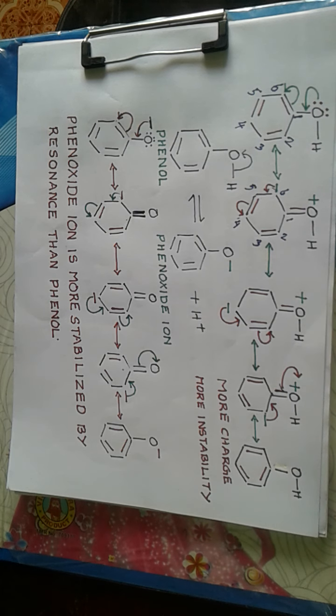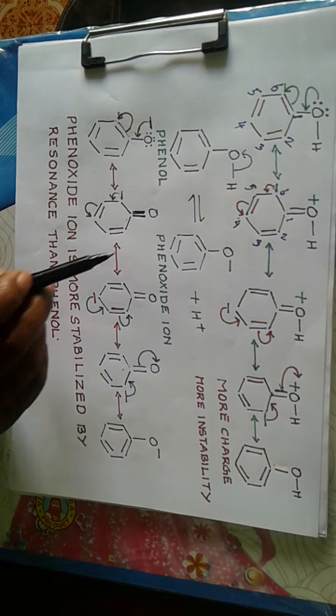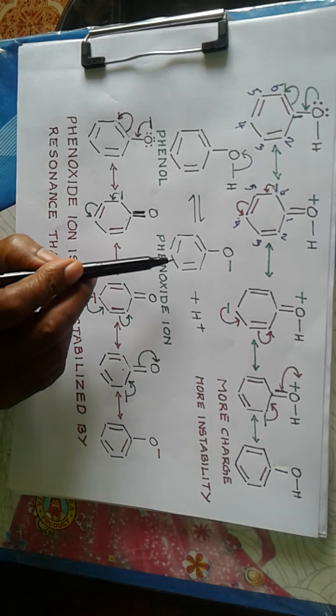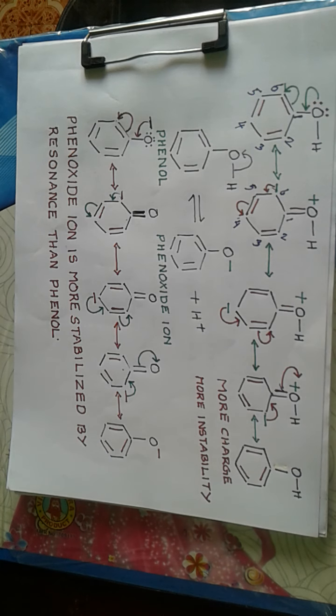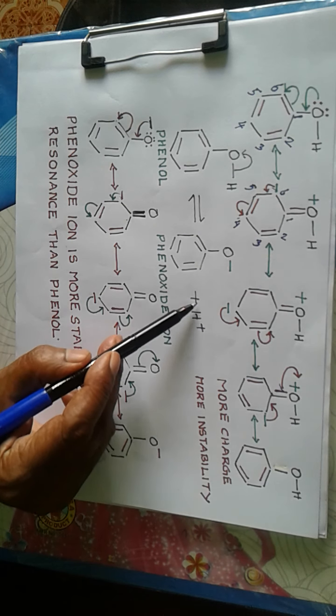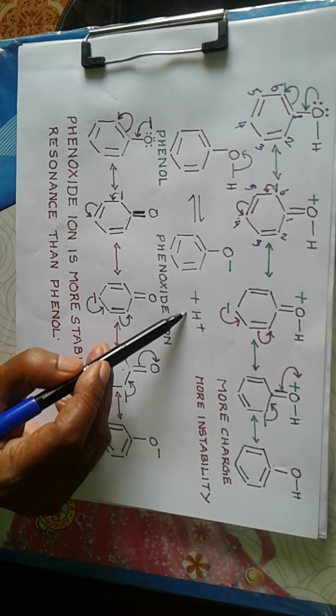So phenoxide is more stable, and the more stable the phenoxide, the more is the tendency of formation of phenoxide from phenol, so that more is the tendency of formation of H positive. So we say phenol is acidic, and the only reason is that phenoxide ion is more resonance stabilized than phenol. That is the only reason for the acidic nature of phenol.